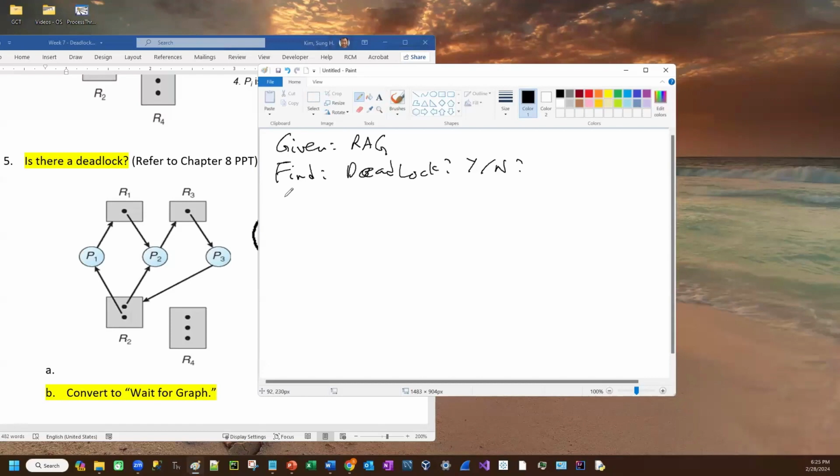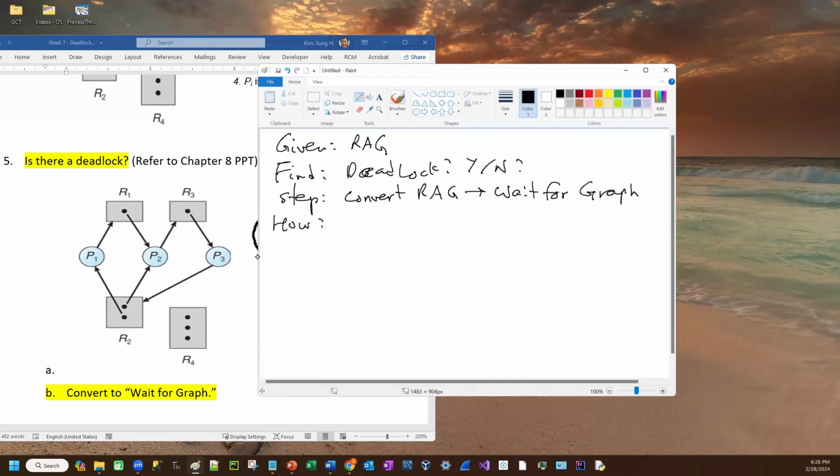So the strategy is to convert the RAG to the wait-for graph. Okay. So how do we do that?